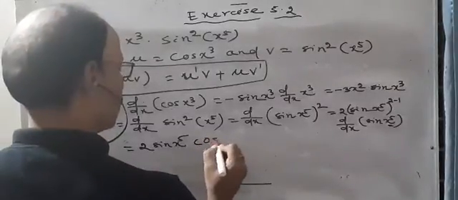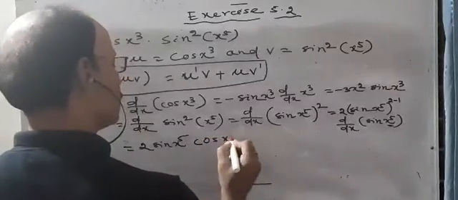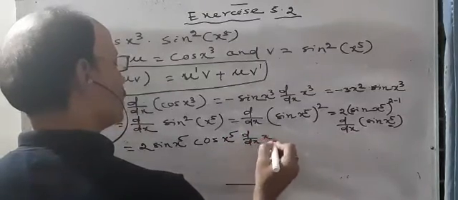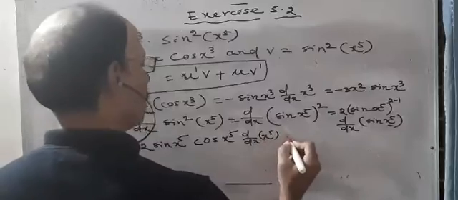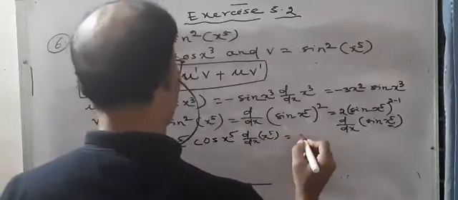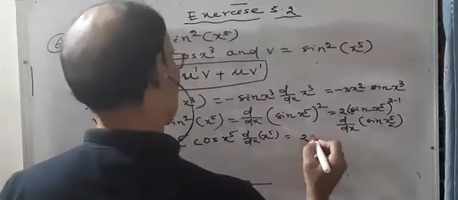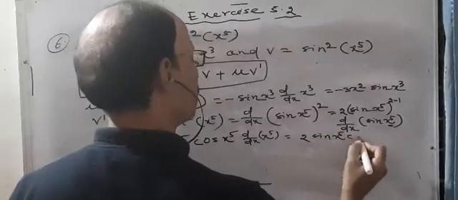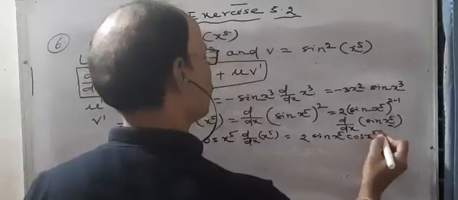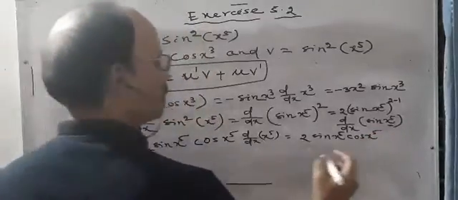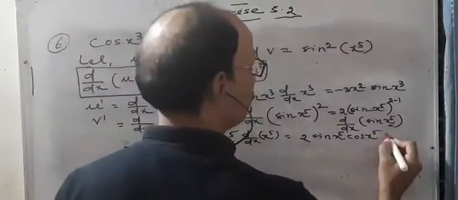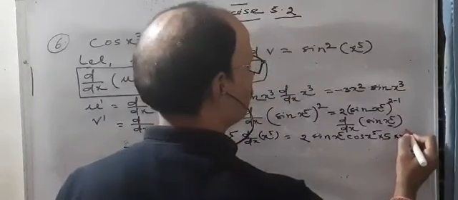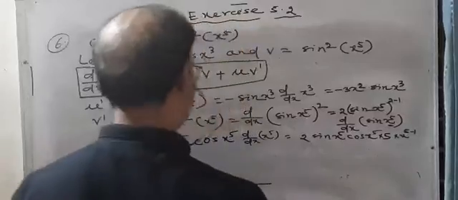It will be cos x to the power 5, then d/dx of x to the power 5 will be equal to 2 sin x to the power 5 cos x to the power 5. d/dx of x to the power 5 means 5 times x to the power 5 minus 1.